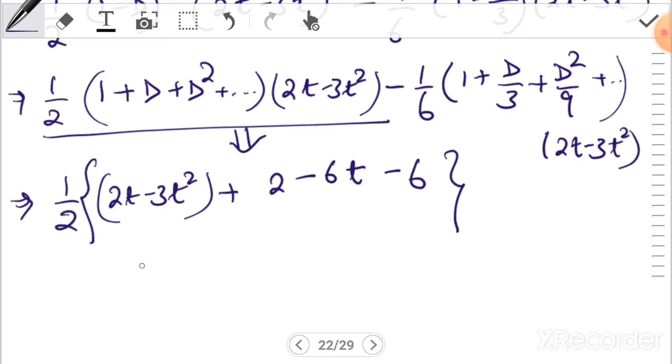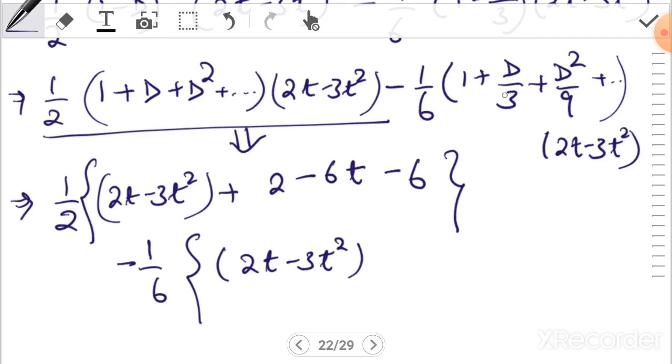minus 1 by 6, 1 times 2t minus 3t square, then 1 by 3 common, plus D, the first derivative of 2t minus 3t square, that is 2 minus 6t.